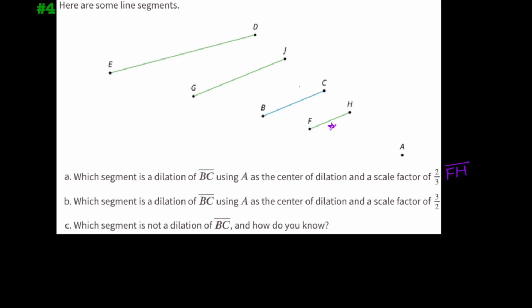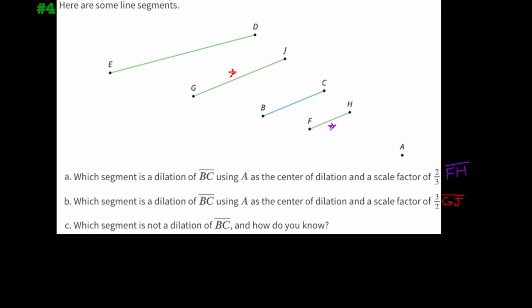Notice how it is smaller than BC, so I know it's going to be that one. Then for part B, which segment is a dilation of BC with center A and a scale factor of 3/2? This one is going to be segment GJ, this line here. Notice how this line is slightly longer than BC because our scale factor is only 3/2.